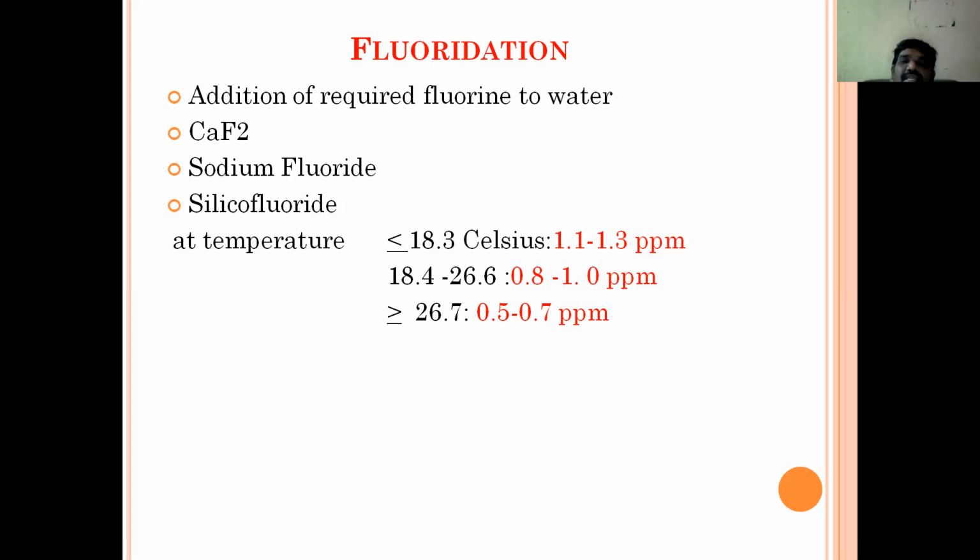The same way when the temperature is greater than or equal to 26.7 degrees Celsius, these are the different concentrations of fluoride substances to be added to bring back the concentration of fluoride in the water for making water fit for supply or consumption.